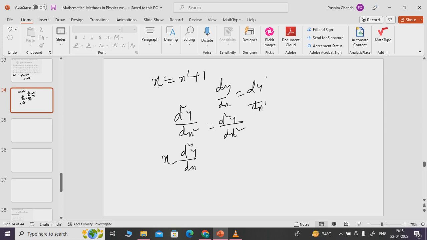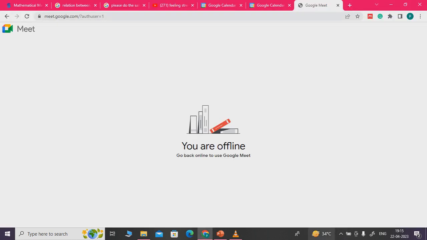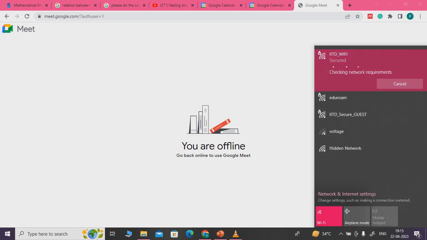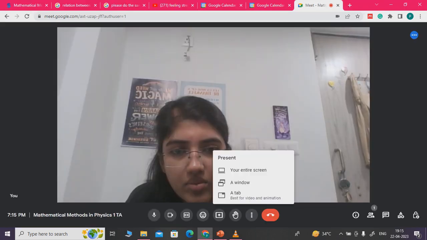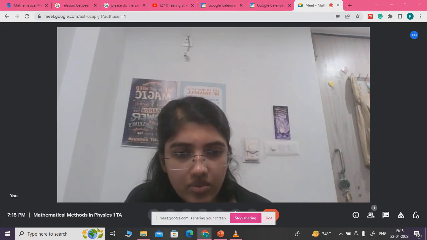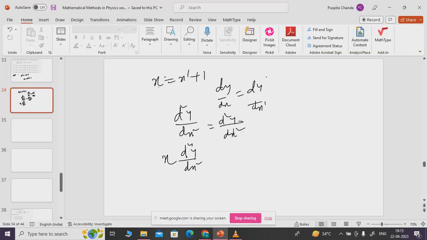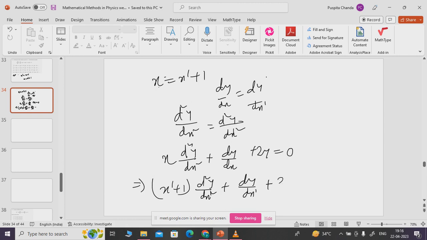So the equation which was given, x d2y dx square plus dy dx plus 2y is equal to 0, will become x dash plus 1 d2y dx square plus dy dx dash plus 2y is equal to 0.